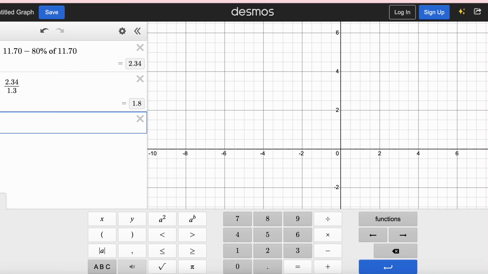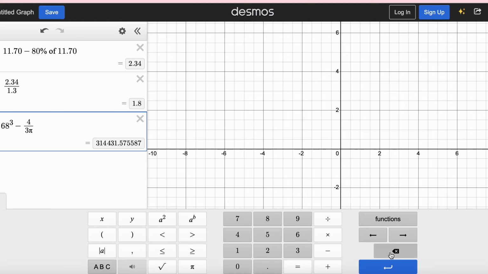Okay, let's press enter to move to the next line. Okay, 68 cubed, again press this, minus 4 divided by 3.